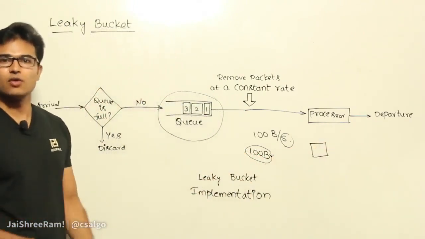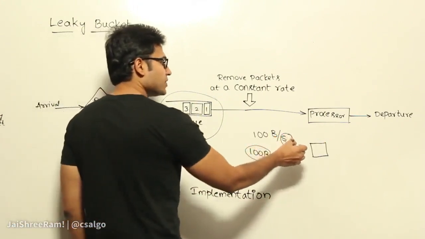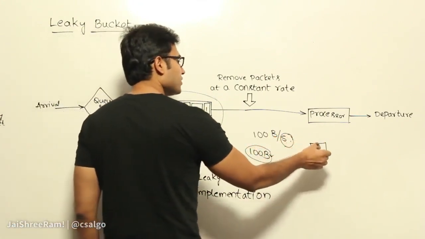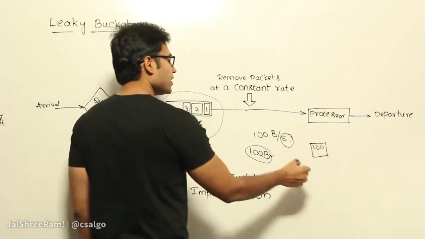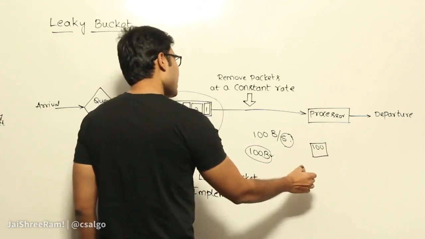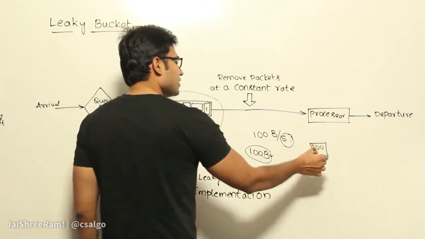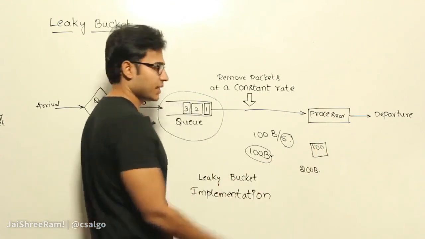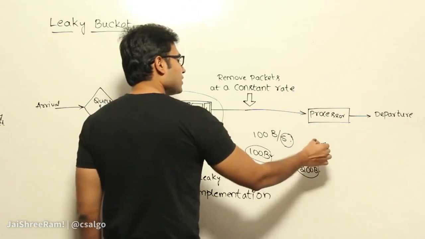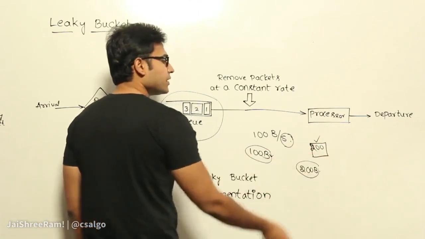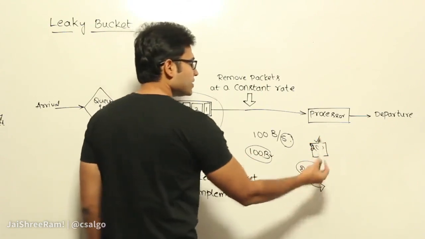Let us say 100 bytes per 1 second means every 1 second this counter is incremented by 100. Now let us assume that your packet size is 200 bytes. Then in the first second it will be incremented by 100, and in the second second it will be 200. Now the packet size and the counter are both saying that yes, you can send 200 bytes now. At this time 200 bytes will be sent out.